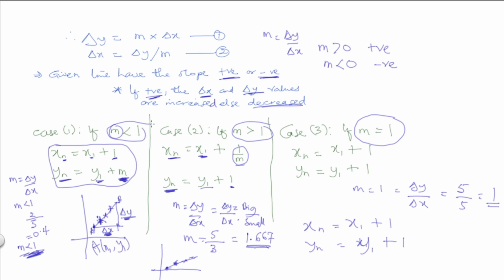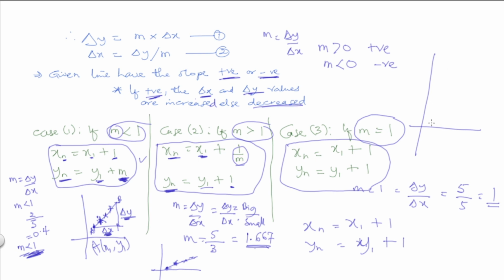So once we have these formulas in mind, we should be able to use the DDA algorithm to come out with the intermediate coordinates that are needed to form a straight line when we have the points A, B already given to us.